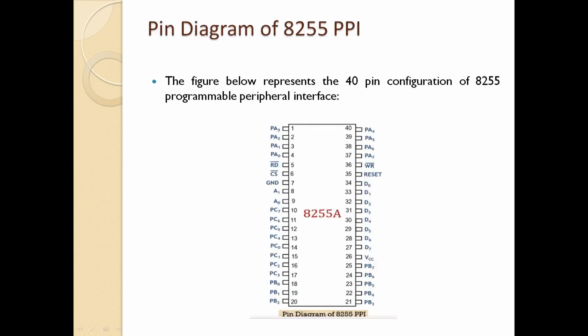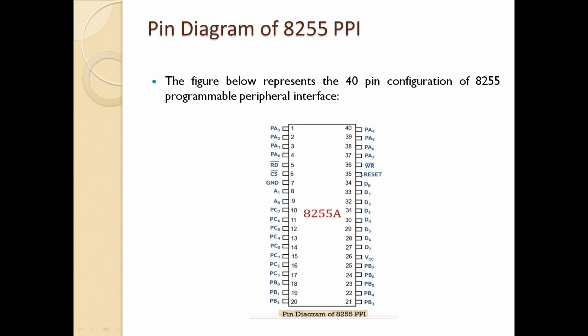Here, we will see the pin diagram of the 8255 PPI. It is a 40-pin IC chip, and of these 40 pins, 24 pins are distributed among the three ports, port A, port B, port C. Along with that, we have the read pin, chip select pin, ground pin, and A1 and A0 address pins that are connected to the address bus of the CPU.